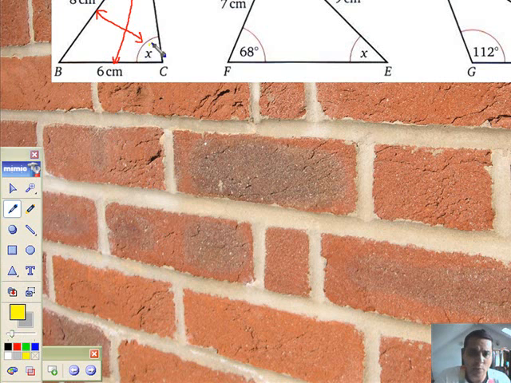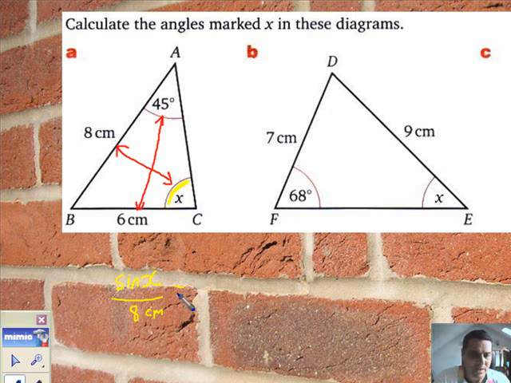So I want angle X, so let's start with the sine of angle X divided by its opposite side, 8 centimeters. It's just like comparing it to the sine of 45 degrees divided by the length 6 centimeters, which is opposite it.